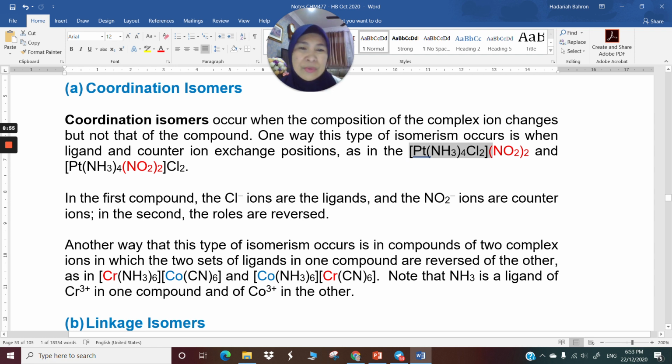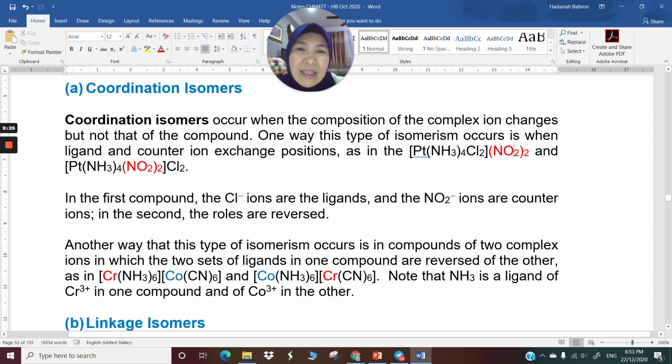So this must be platinum 4. And NO2 minus, or nitrite, acts as a counter ion to neutralize the charge of this complex ion. That's one. But in another compound, the chloro and the nitro may exchange place.